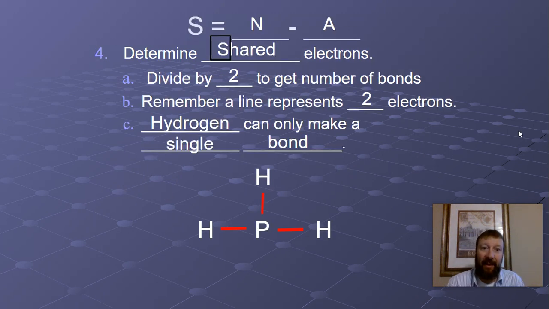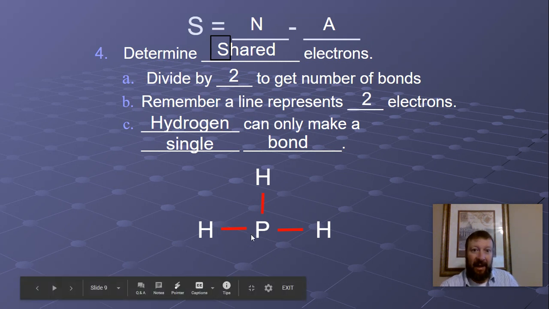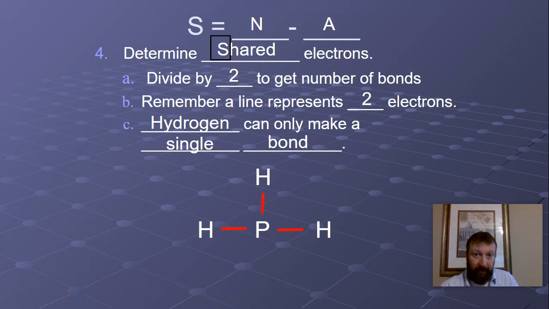Once I do that, I figure out how many bonds there are going to be, which is how many shared electrons there will be. Take the whole molecule: how many it needs, minus how many it has available. Phosphorus needs eight and the hydrogens each need two, so that's 14.